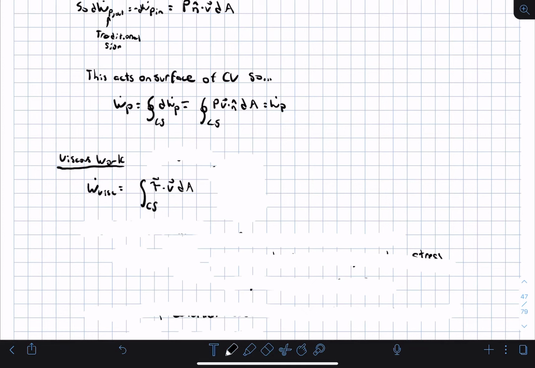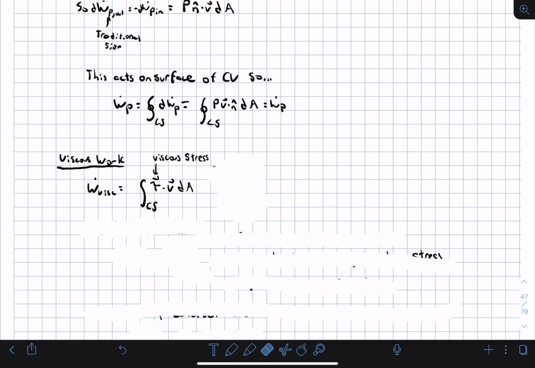I'm not going to go through the hand-wavy derivation of it because it's actually a little bit more complicated. Where tau is the viscous stress. This is a tensor, and we need to do all kinds of things to get this to work properly.